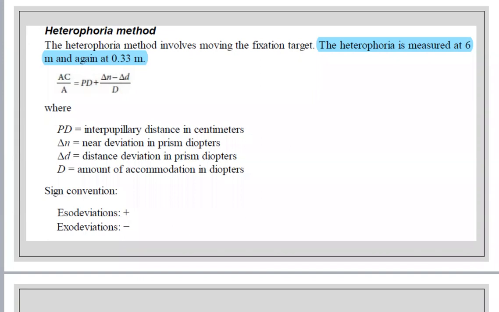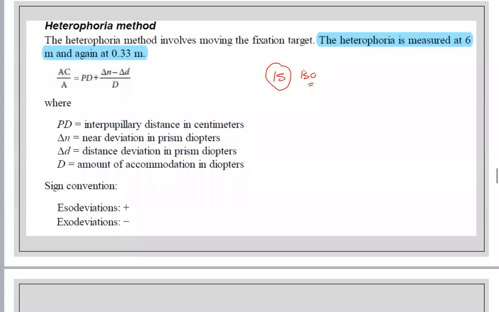For example, if I have an angle of deviation of 15 isotropia, or I use base out 15 prism diopter to neutralize the angle, so this means that you have 15 iso in near, and in distance you have 0 value. So the difference between them will be 15 minus 0.